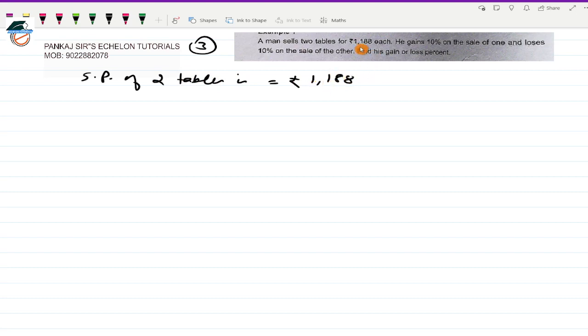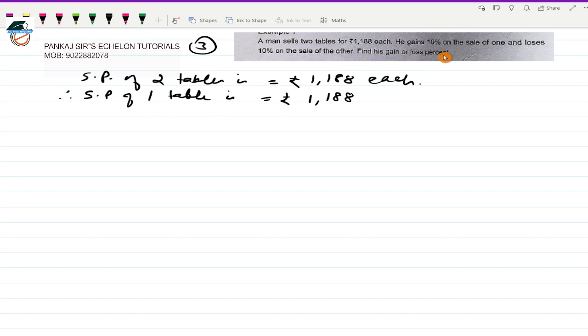He has sold each table for 1,188. The meaning of this is the selling price of one table is 1,188. Okay, so let me write it. Therefore, selling price of one table is equal to rupees 1,188, because each he has sold for 1,188. He has sold 2 tables, right?